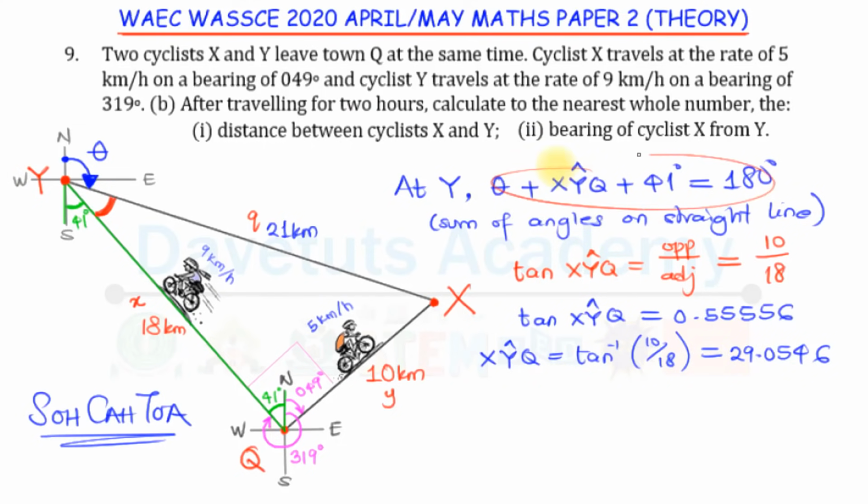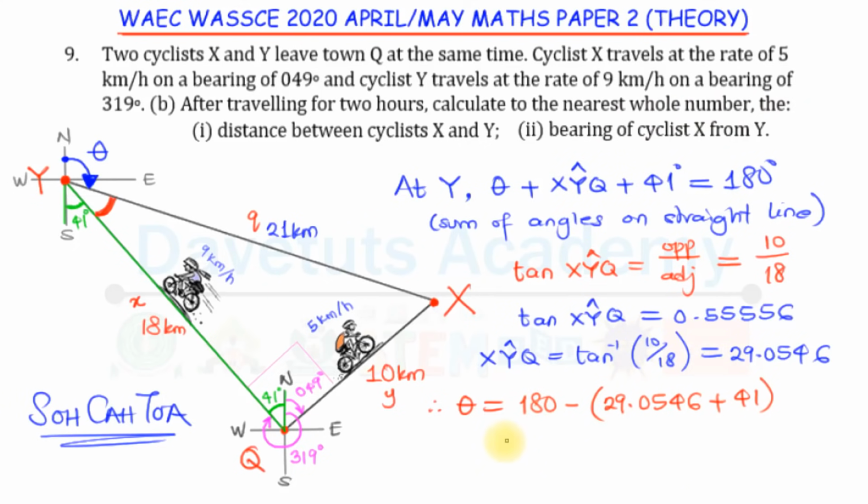But this is where we're actually going. We want to make use of that in this equation, such that our theta that we are looking for is going to be 180 minus the sum of XYQ, which we have gotten to be 29.0546, plus 41. When these two move to the other side, they become minus.